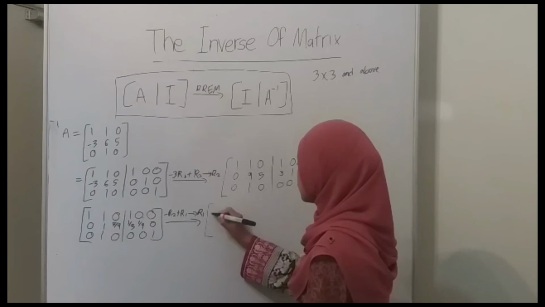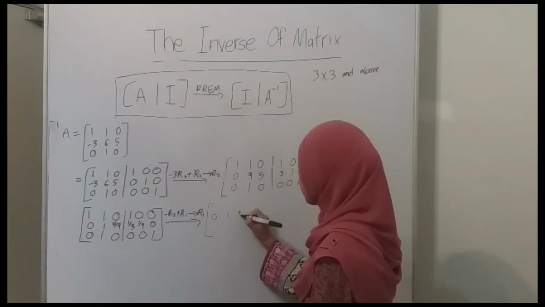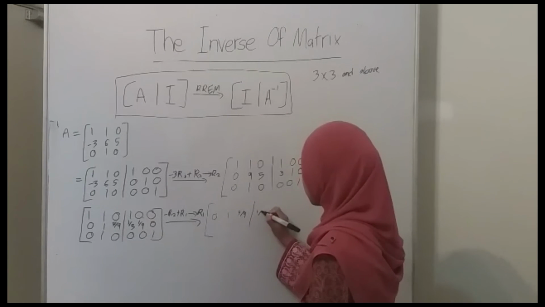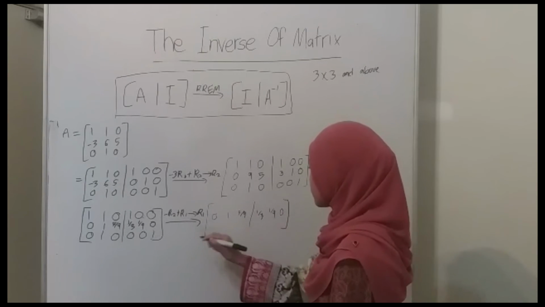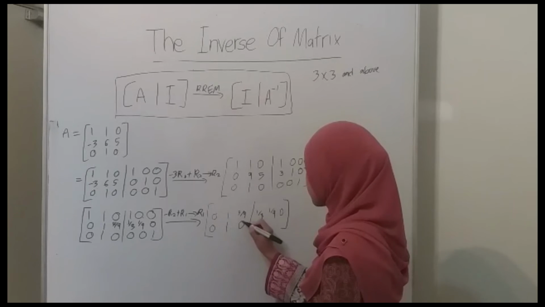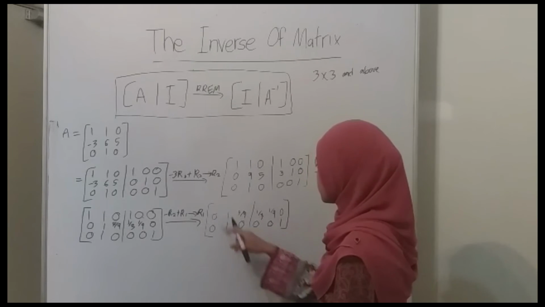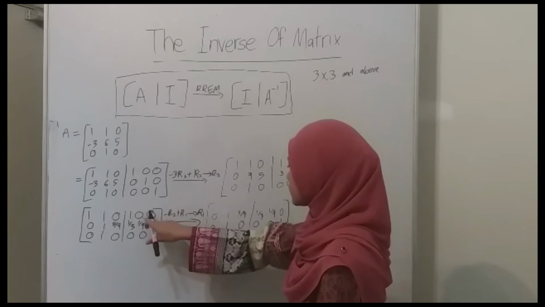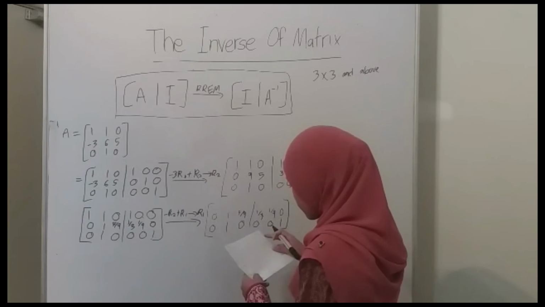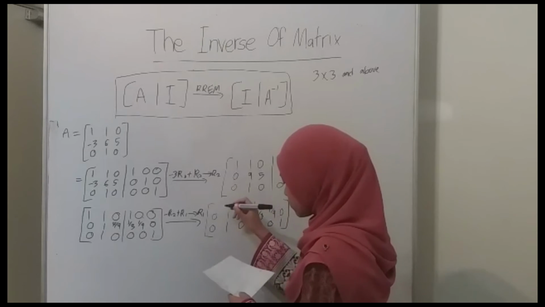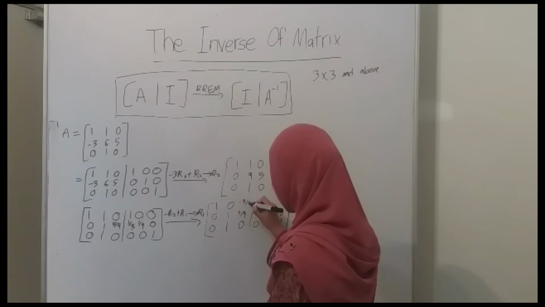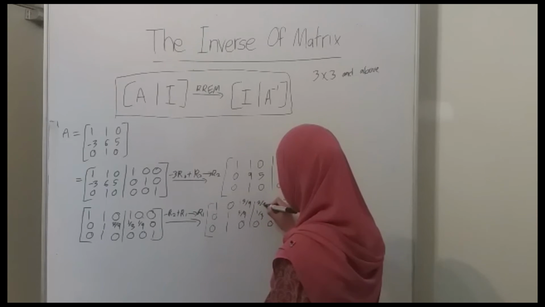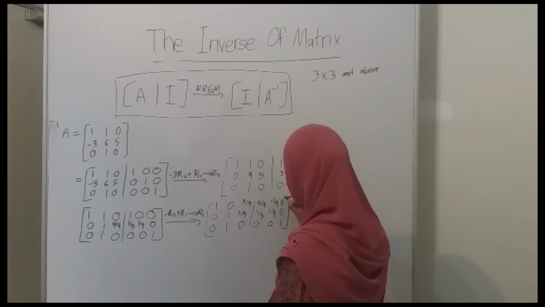The rest will be the same: 0 1 5 over 9, 1 over 3, 1 over 9, 0, and then the third row is also the same, 0 0 1. So the changes from row 1 is 1 0 negative 5 over 9, 2 over 3, negative 1 over 9, and then 0.